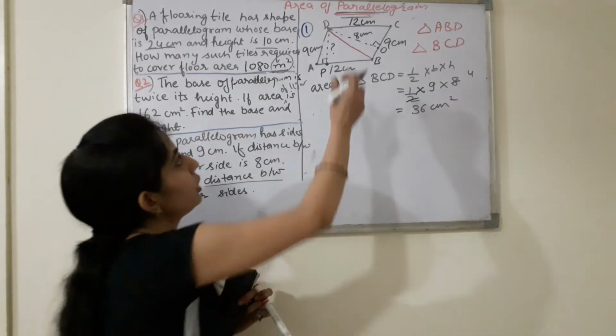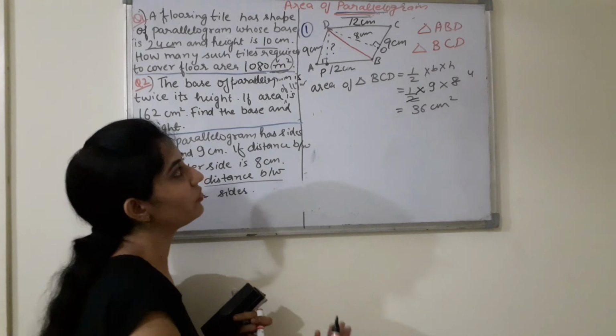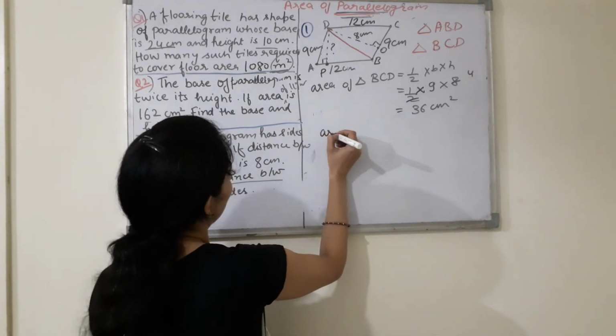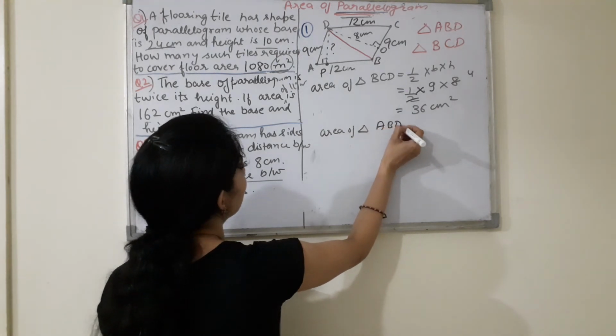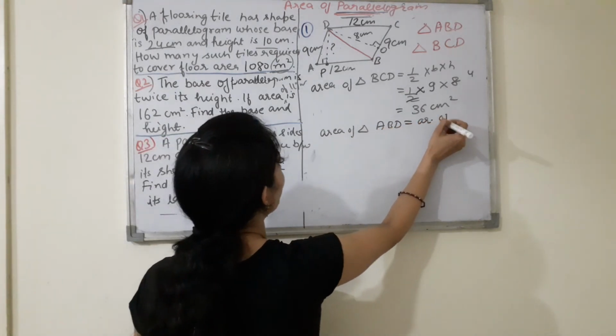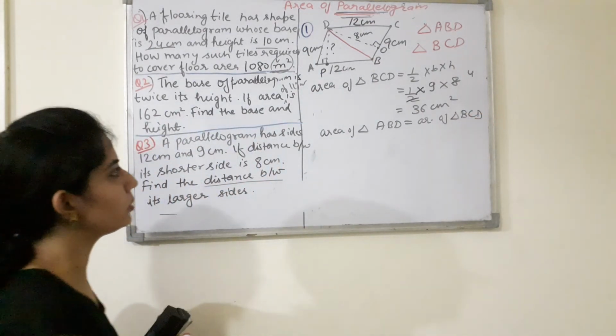Right? Now we know both areas are the same because the diagonal bisects. So what we will do, we will simply write that area of triangle ABD will be equal to area of triangle BCD. Right? Now simply put the values.